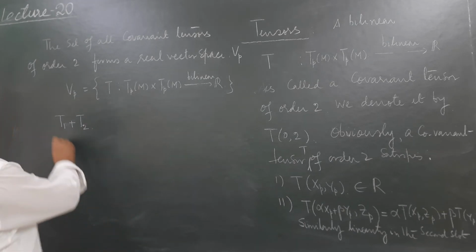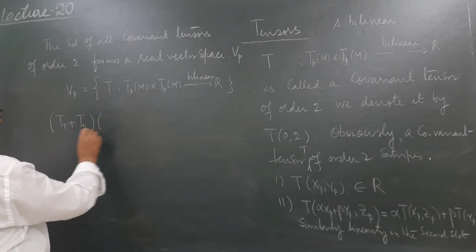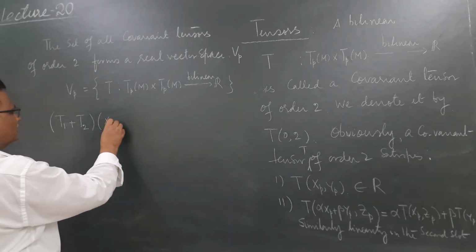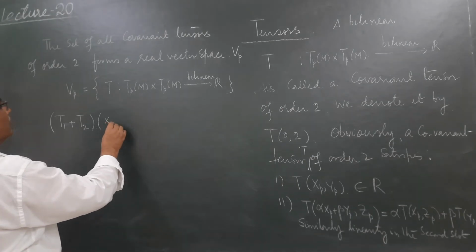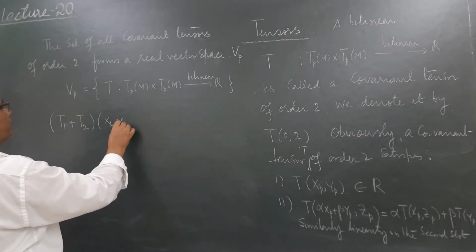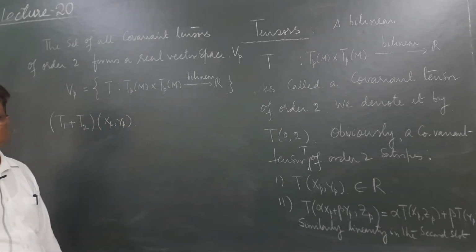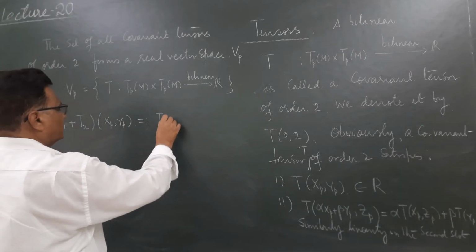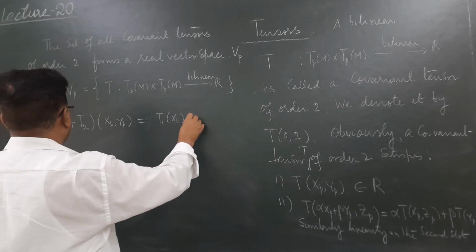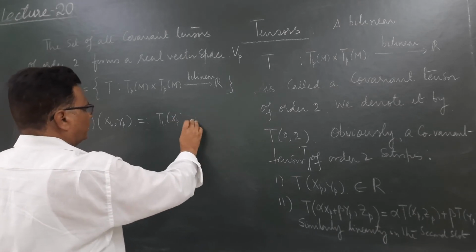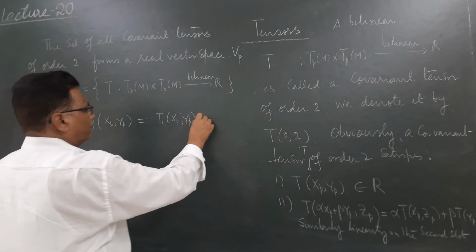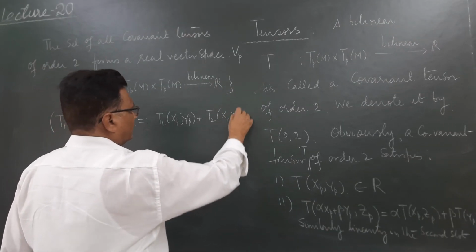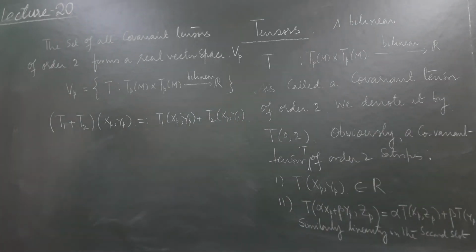I will define their sum as, since T1, T2 both operate on a pair of tangent vectors, so this sum should also operate on a pair of tangent vectors Xp, Yp, and it should be defined as T1 of Xp, Yp plus T2 of Xp, Yp. This is how a sum is defined.